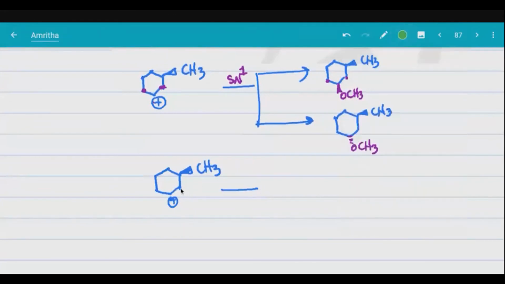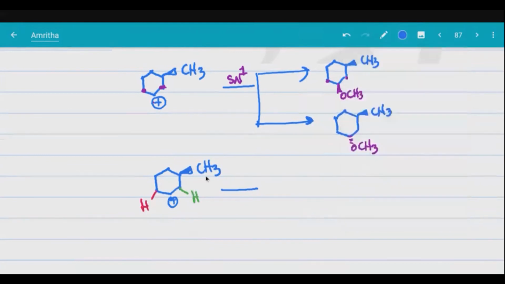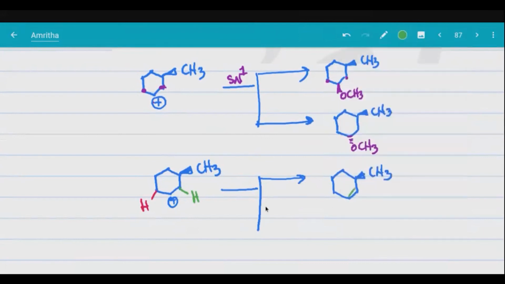This is hydrogen blue and this is hydrogen red. If I remove them, I'll get different products. Only alpha hydrogens, adjacent hydrogens only. Don't remove from any other carbon. So this is CH3, and there is a double bond over here, the green one, and the red hydrogen is as it is.